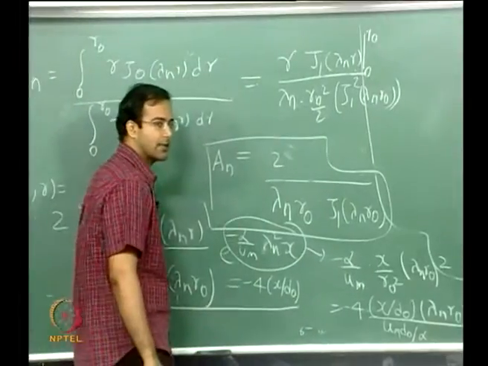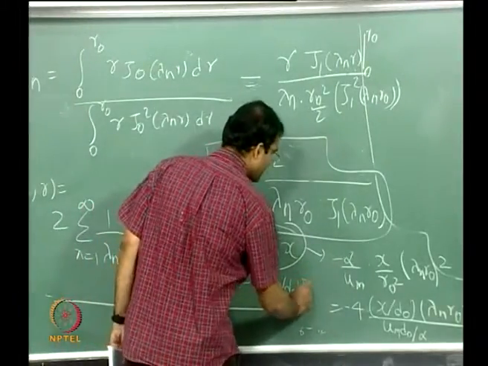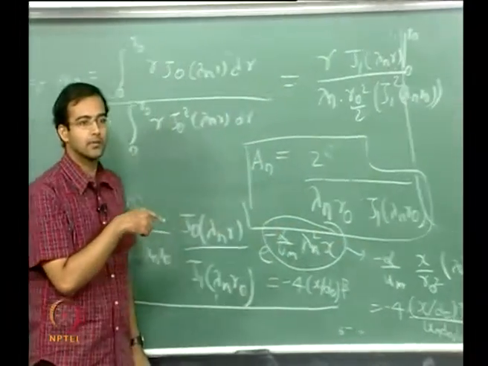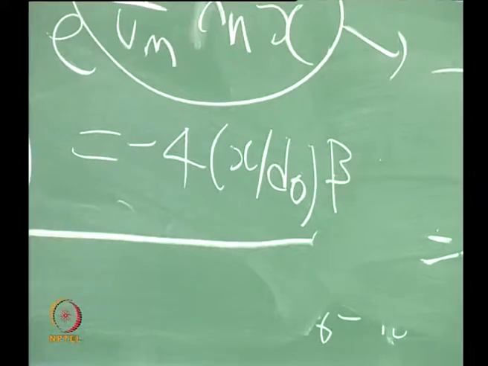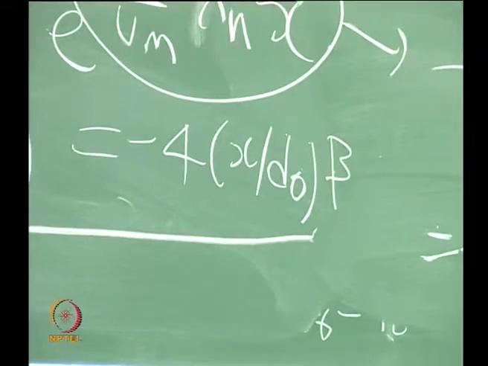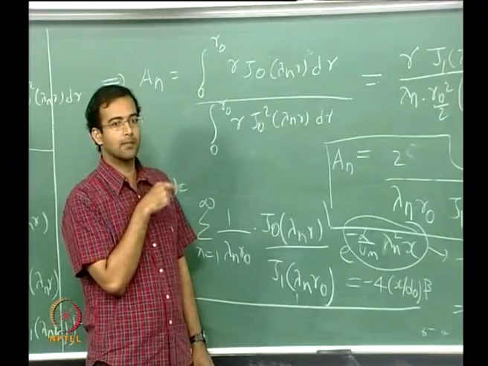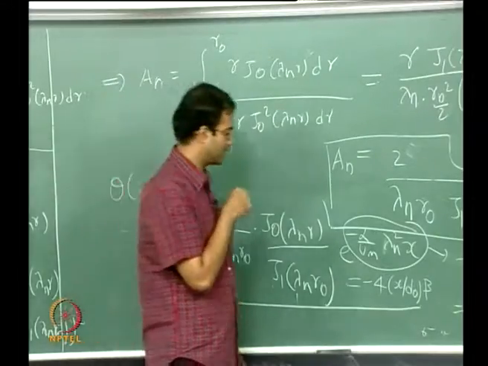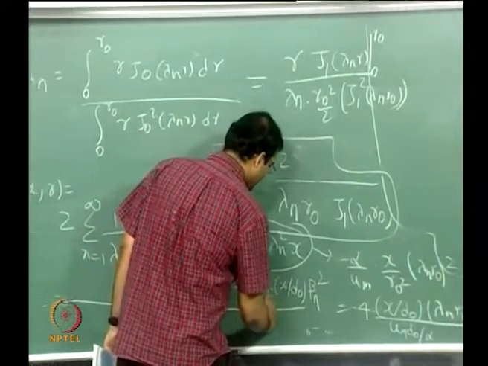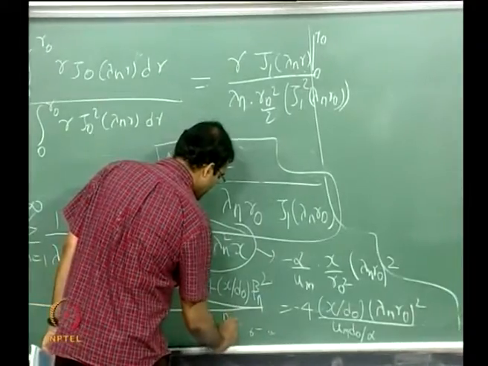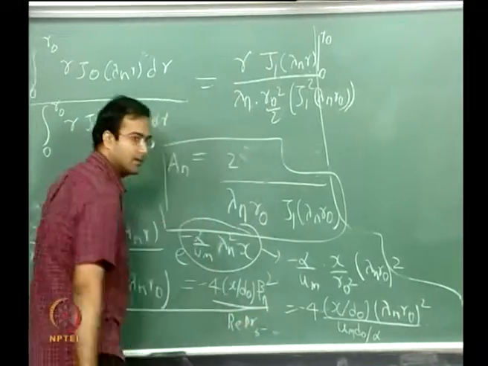I have used the notation beta n, because lambda n has the units of what? What is the unit of lambda? 1 by r. So therefore lambda n r naught will be a non-dimensional group. So I replace that with beta n square divided by Re into Pr.